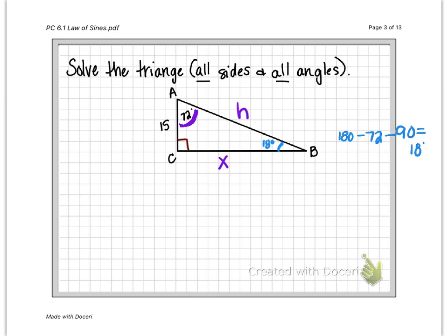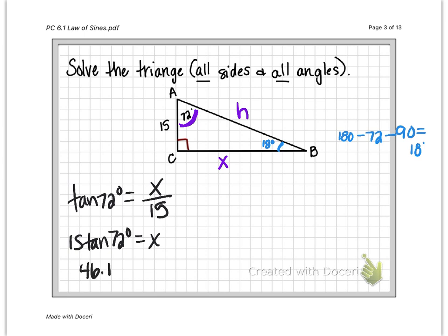But first, let's start with x. So we'll say sine of 72 degrees equals the opposite x over the adjacent 15. So sorry, this should not be sine. This should be tangent because we have an opposite and an adjacent. So then 15 times the tangent of 72 degrees will equal x. So that opposite side is going to equal 46.17. So we can write that in here.